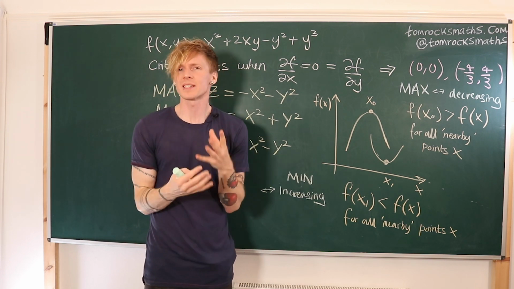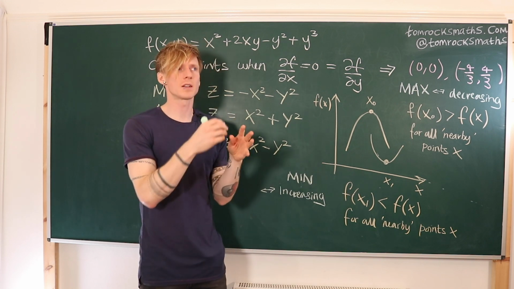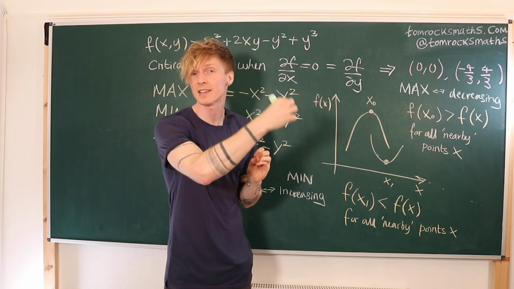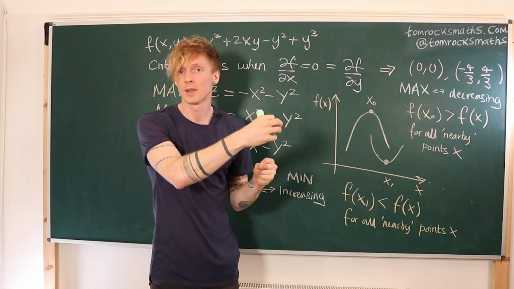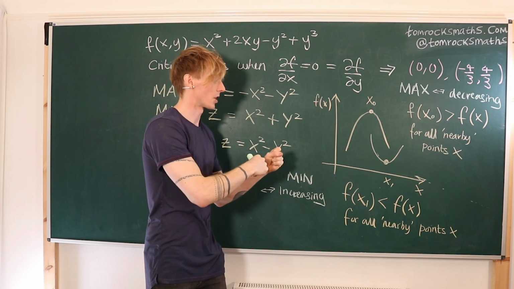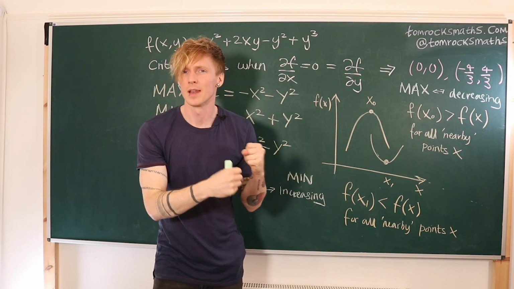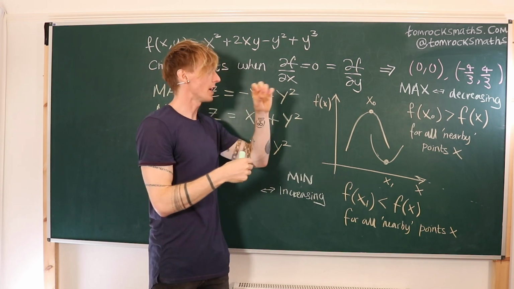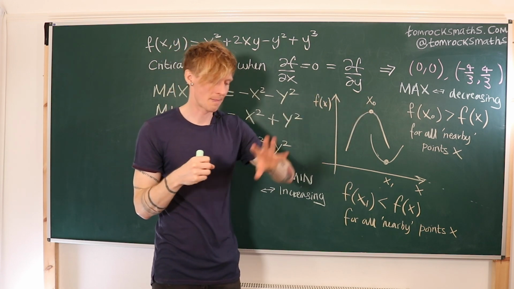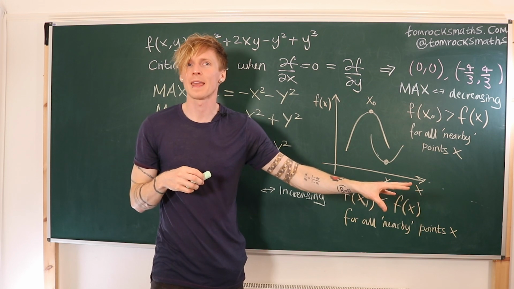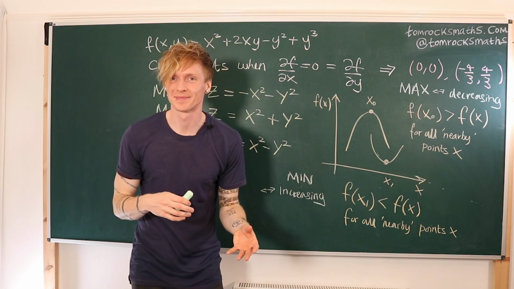There are two things that can happen here. The gradient can move from 0 to some positive number, or it can move from 0 to some negative number. If the gradient moves from 0 to a positive number, then it is increasing.